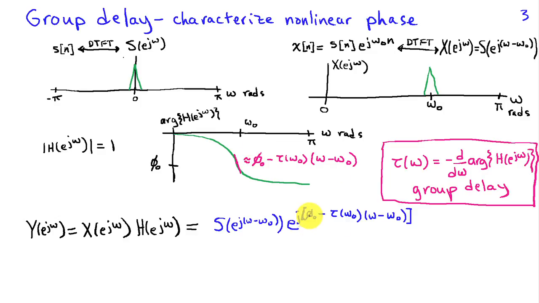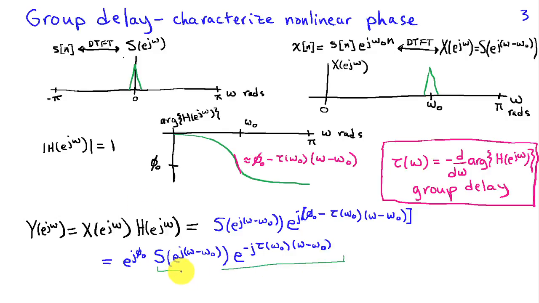So I have e to the j quantity phi naught minus tau of omega naught times (omega minus omega naught). We can combine some terms here, pull the e to the j phi naught out, and I have S of e to the j (omega minus omega naught) times e to the minus j tau of omega naught times (omega minus omega naught). This term here involves omega minus omega naught.